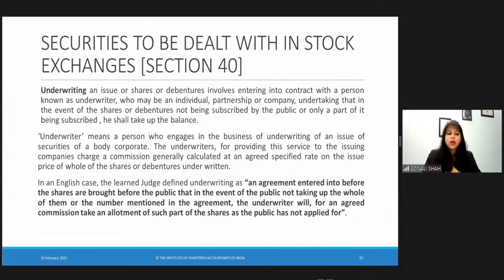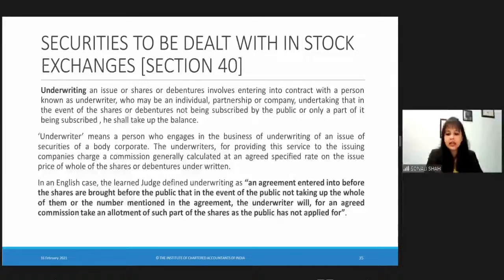So to ensure the success of the public offer being made by the company, there is a group of people who provide support with respect to that. And who are these people? These people are called underwriters.